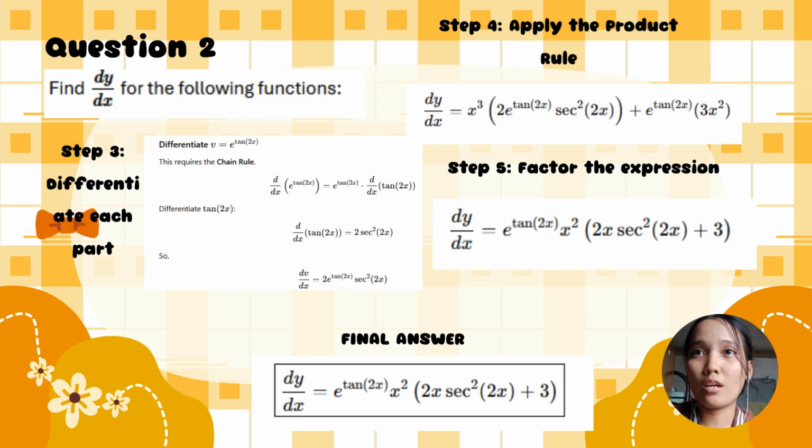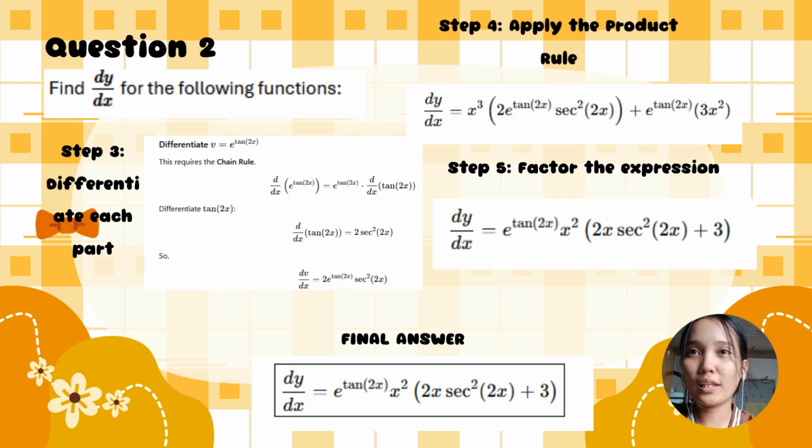This gives dy over dx equals x to the power of 3 times 2e to the power of tan 2x sec squared 2x, plus e to the power of tan 2x times 3x squared.